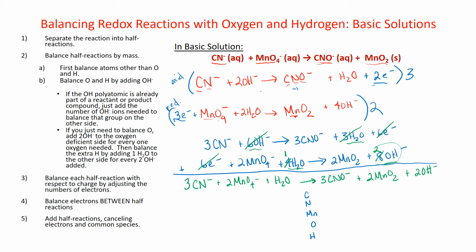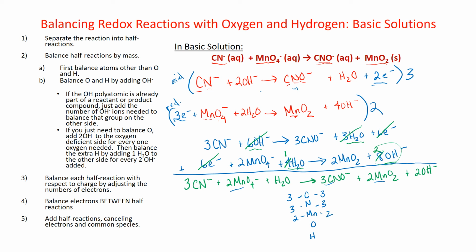It's going to be helpful to actually have it written out so that we can keep track of everything. So I have 3 carbons on the left in cyanide and 3 carbons on the right in the cyanate. I also have 3 nitrogens and 3 nitrogens in those formulas. For my manganese, I've got 2 on the left and I've got 2 on the right.